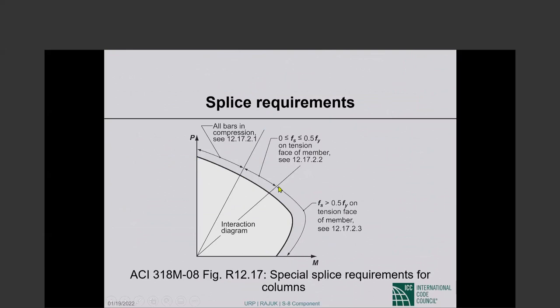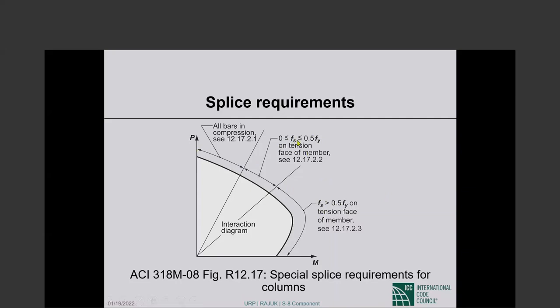In this portion, f sub s, the stress in the tension reinforcement, is larger than 50% of f sub y. Between here and there, the stress in the tension steel is between 0 and 1/2 of f sub y. And here, all the bars are in compression.